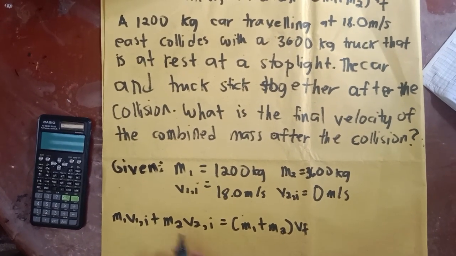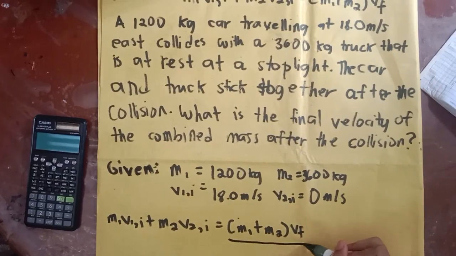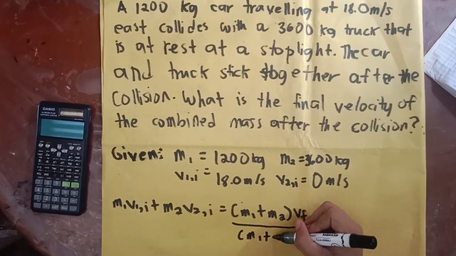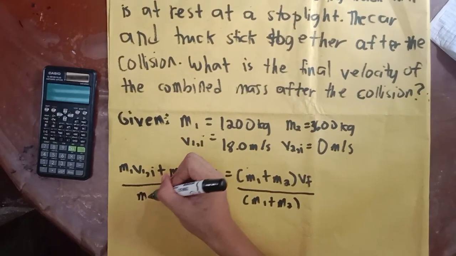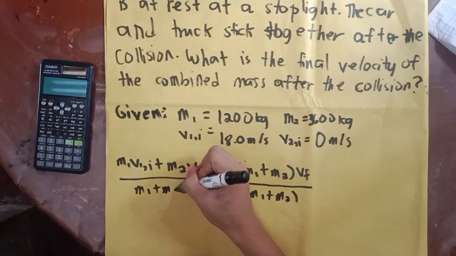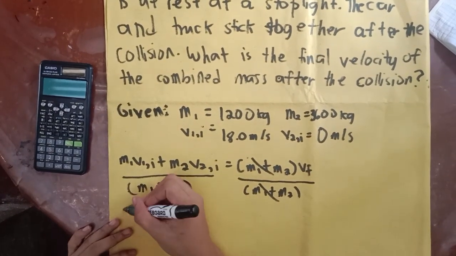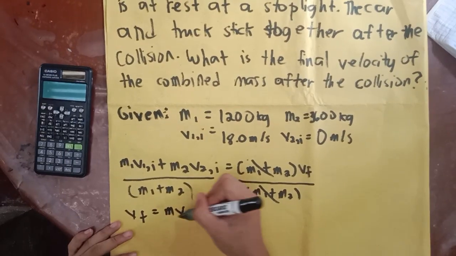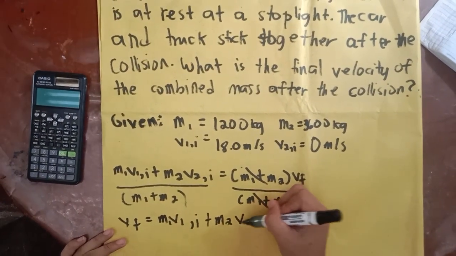So by getting that, we need to divide both sides by M1 plus M2. The M1 plus M2 cancels, and this is our final formula.